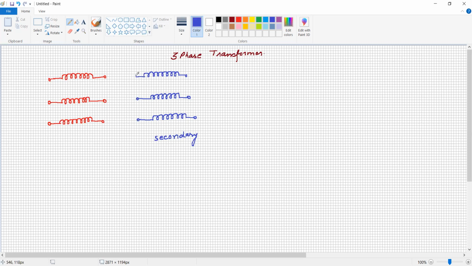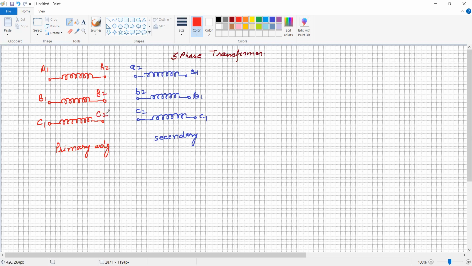The secondary terminals are named A2, B2, C2, and the primary winding terminals are A1, B1, C1.